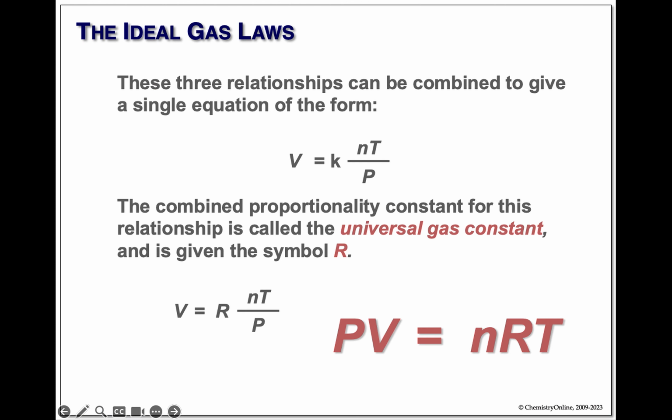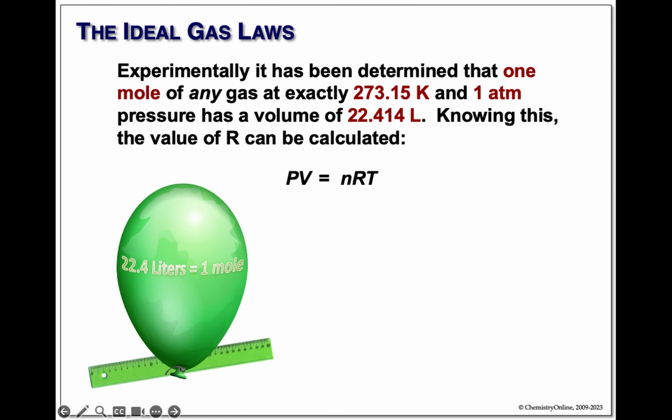Remember, 1 mole of any gas at 273 Kelvin, 1 atmosphere, has a volume of 22.4 liters. 1 mole, 22.4 liters. Okay, so let's take this and solve for R.